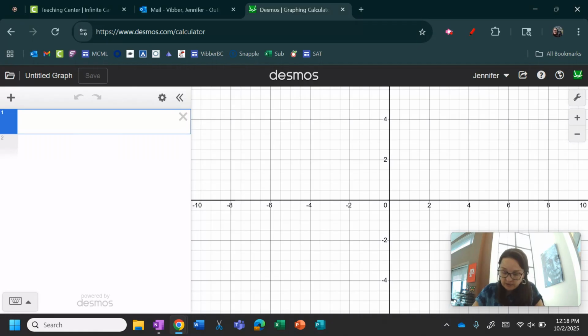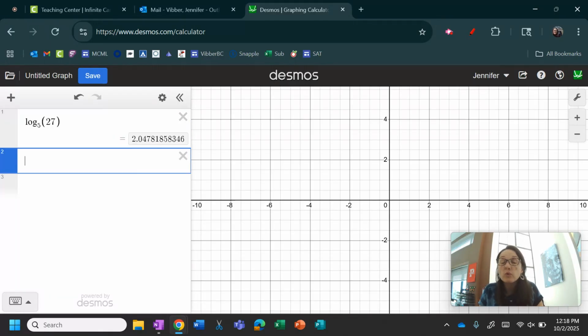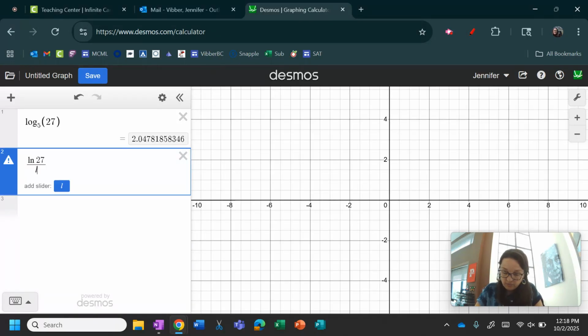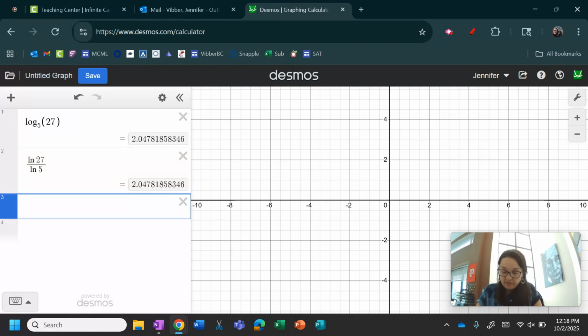So if I did log base 5 of 27, it's 2.047. Okay, cool. If I did ln 27 divided by ln 5, I get that same number again. If I did log base 10 of 27 divided by log base 10 of 5, hey look, it's that same number again.